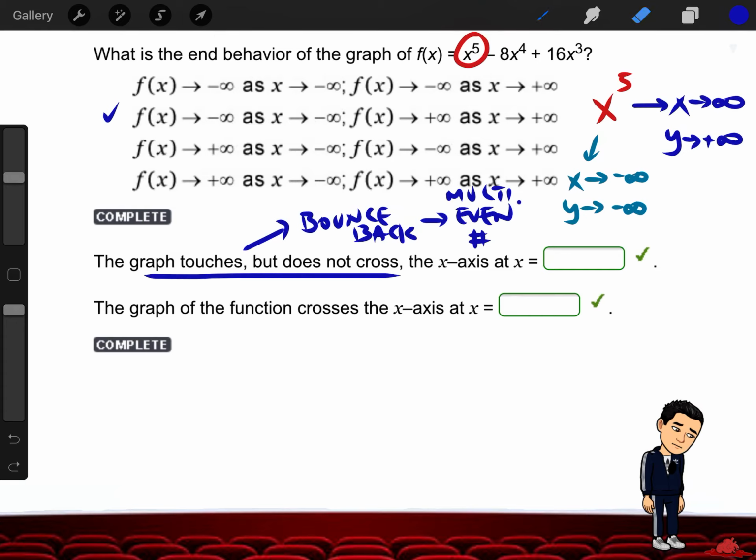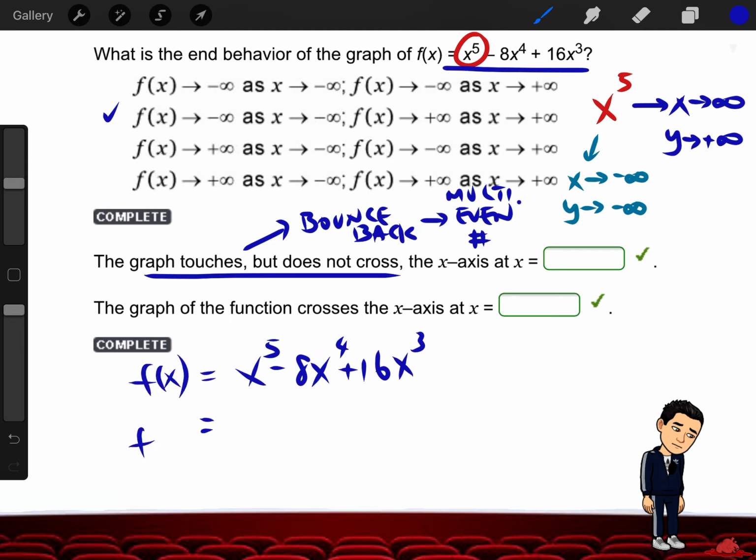Okay, so let's just rewrite this function: x to the fifth power minus 8x to the fourth power plus 16x to the third power. This is my f of x, and I'm going to factor it.